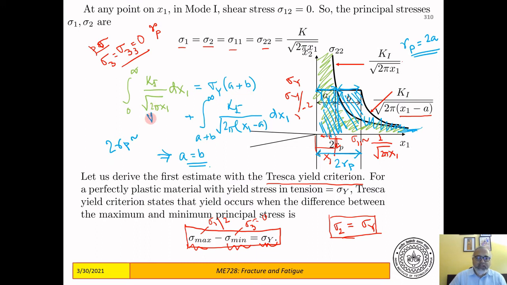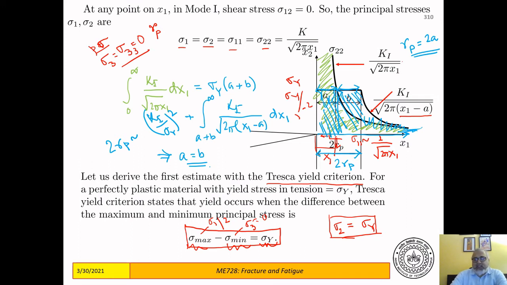We already know that it's going to vary with K1 by sigma y whole square, and then there would be a constant here which will depend on various things, whether it's plane stress, plane strain, Tresca, von Mises, and so on. But it's going to tell us that overall this length scale K1 by sigma y whole square is very important in elastoplastic fracture mechanics. So that is information that we are going to get from a simple solution which only looks at stresses along x1, though the stresses are infinite everywhere around the crack tip, right? So this is the first point.